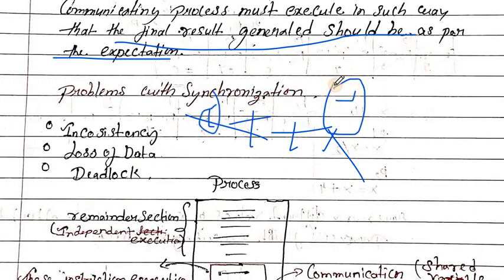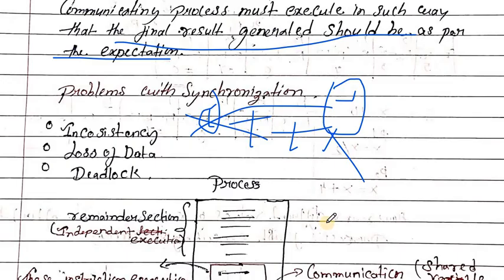Loss of data means that if there is any shared variable, for example, if the P1 process takes the shared variable, manipulates and changes it, when another program comes and takes the value of that shared variable, that value is already changed. And if P2 takes the data of the shared variable and deletes it, and P3 comes and tries to take the data of the shared variable, the data was deleted by P2.